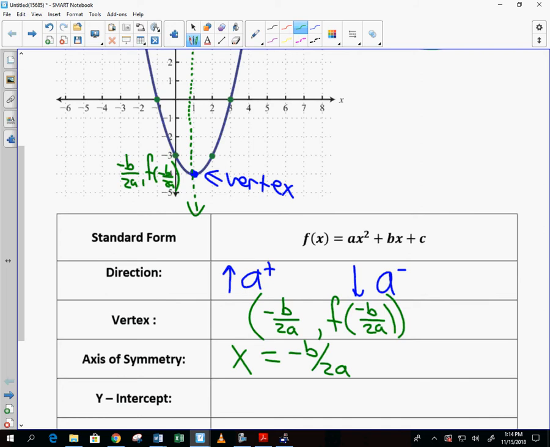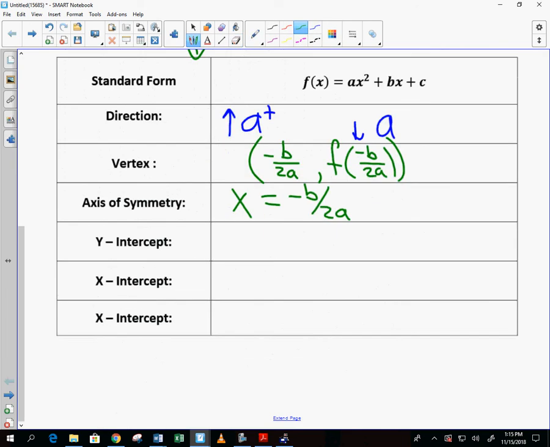Now we're to the y-intercept. If you want to find the y-intercept, what do you plug in for x? 0. Watch what happens. If you plug in 0 for x, this goes away, and you're just left with c. So therefore, the y-intercept is the same thing as c.